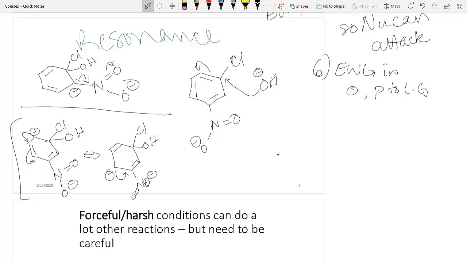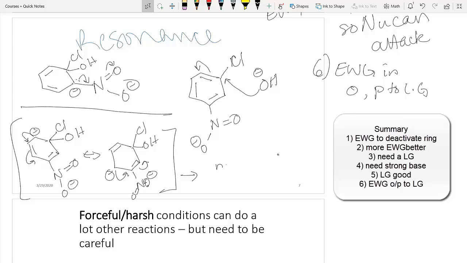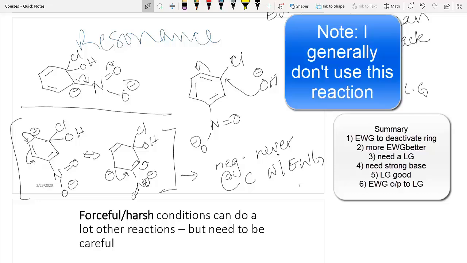But no matter what we do, our negative will never be at the carbon with the electron withdrawing group. And so we miss an opportunity for an extra stabilization, and that extra stabilization is one of the reasons why we need to have your groups in the ortho and para position.